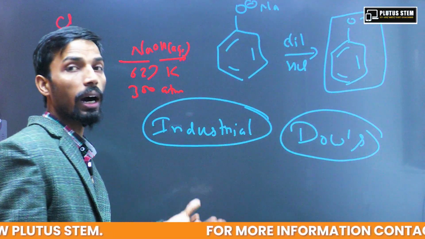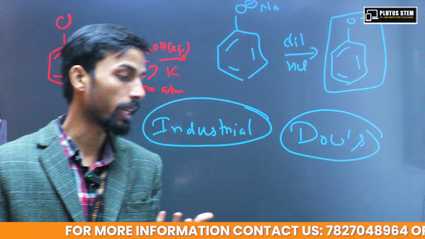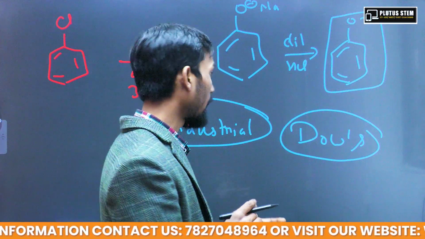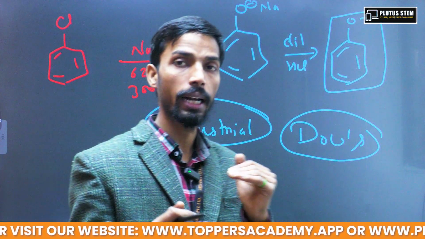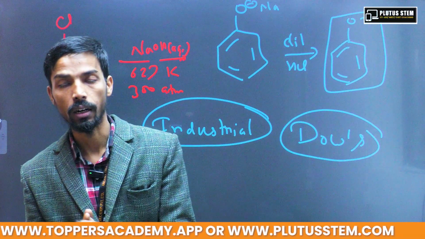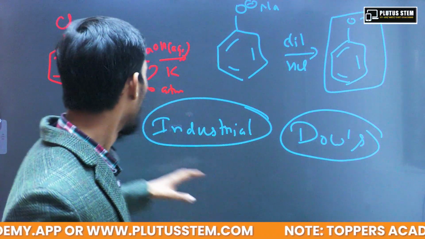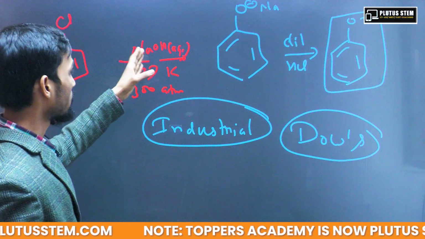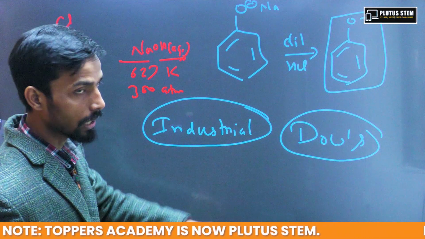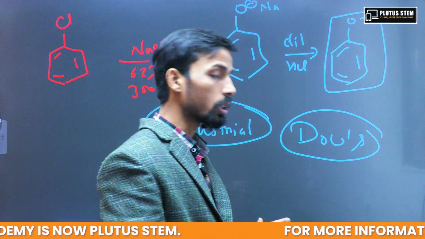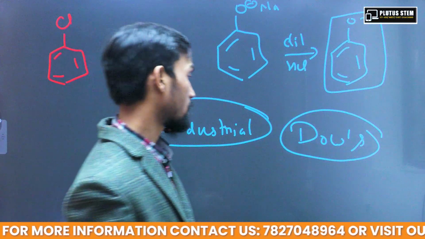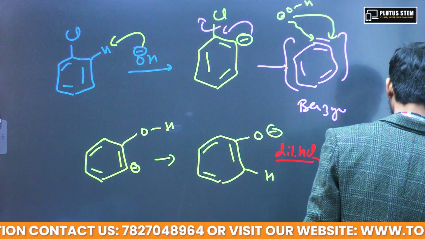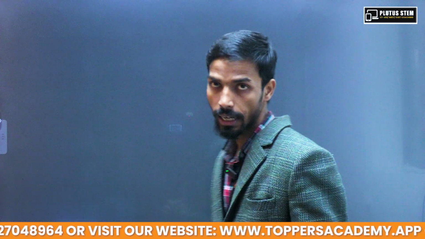We have to give a higher temperature, nearly 623 Kelvin, and a higher pressure, nearly 300 atmospheres. With high temperature and pressure, we can react chlorobenzene with aqueous NaOH and get phenol through the Dow process. So this is a reaction showing a substitution reaction. Generally aryl halides don't show the substitution reaction.